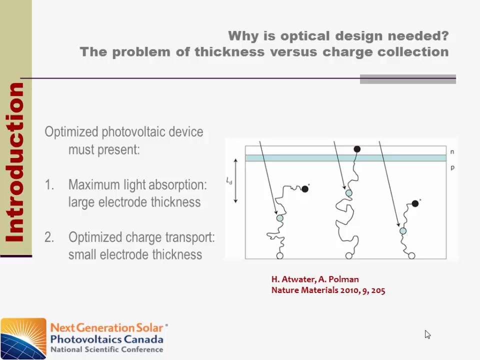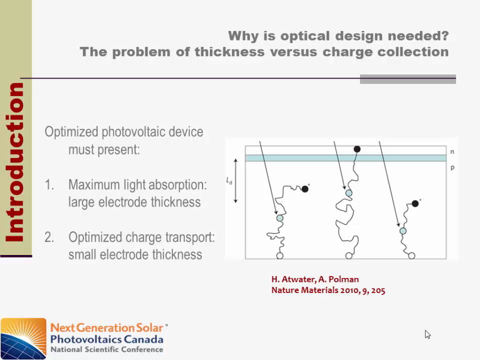So let me start by stating why it's interesting to have an optical design in general in photovoltaics. Its relevance is related to a very basic and fundamental principle in the field. On the one hand, we are very interested in absorbing as much light as possible, right? And in order to do that, what I want is a material as thick as needed, so I can absorb all that.